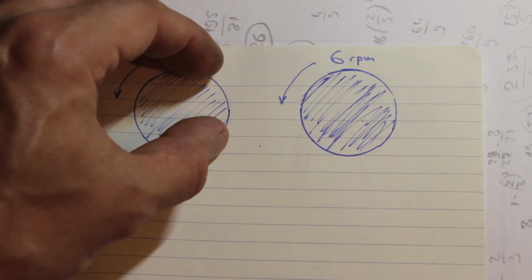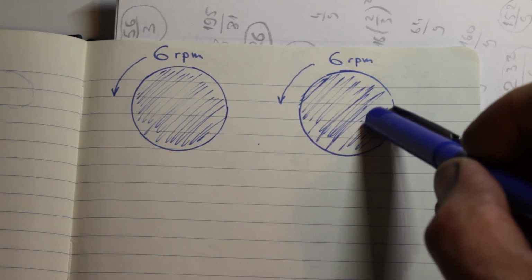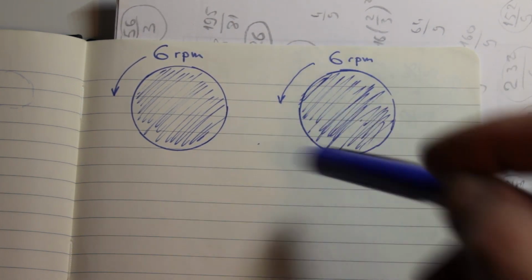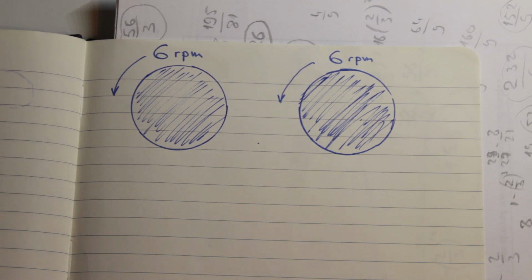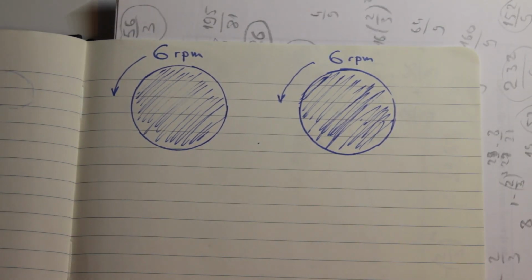It's not spinning faster than that one here. Same slow speed, exactly the same rotation. Maybe it's connected to a bigger motor or whatever. We don't know, it's a thought experiment. So what we can tell for sure is that this shaft is more torquey, so it has greater torque. It's probably also more powerful, but let's just stick with torque for a moment.